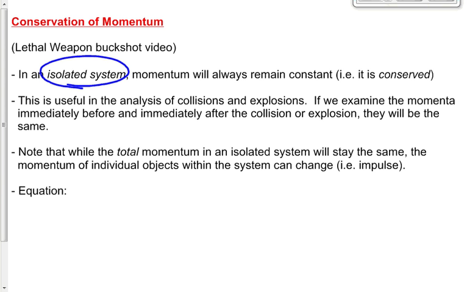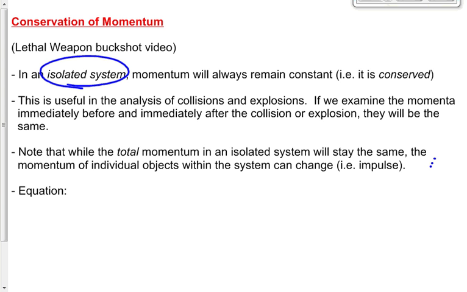Now, the last little comment here, I want to draw your attention to. It says, note that while the total momentum in an isolated system will stay the same, as long as we have an isolated system, we won't gain or lose momentum in the system. We're not throwing out the idea of impulse. Impulse is defined as the change in momentum. An object that collides with another object will gain or lose momentum, even if it is an isolated system.